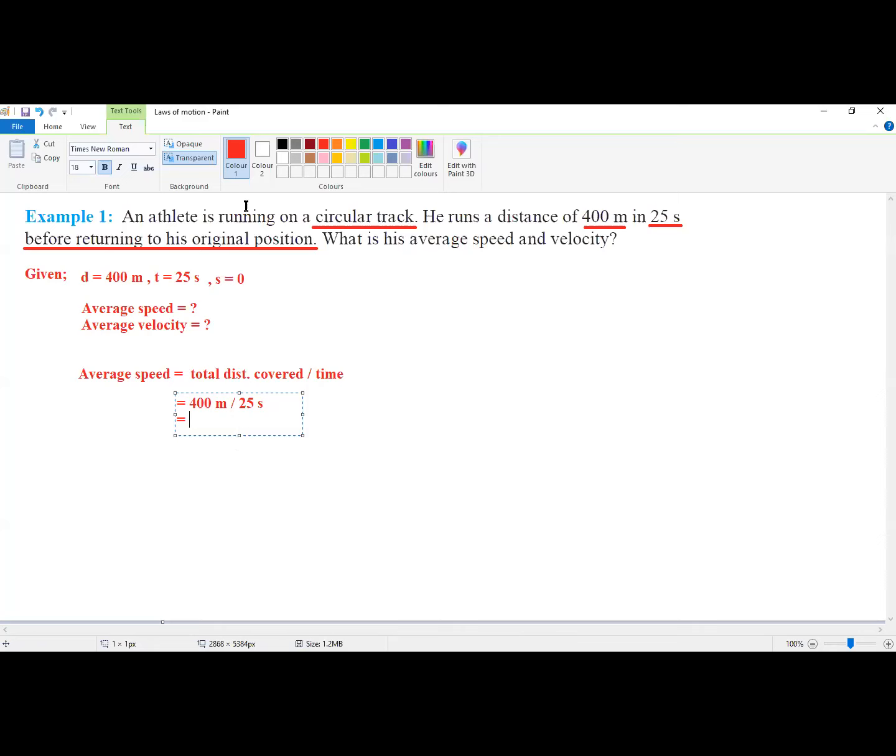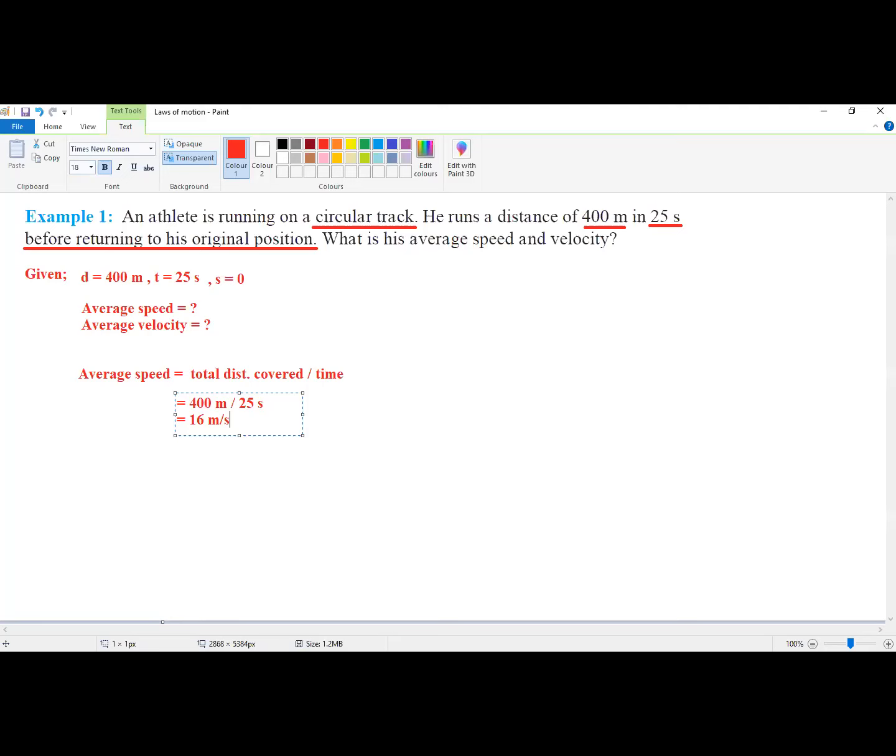Yes, it is 16 meters per second. So the average speed of the athlete is 16 meters per second.